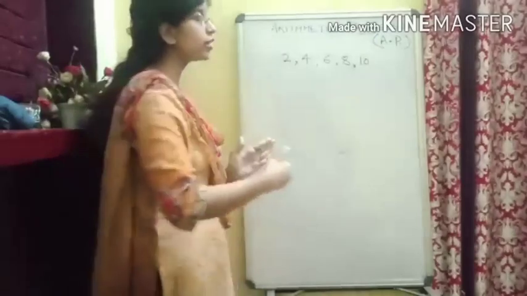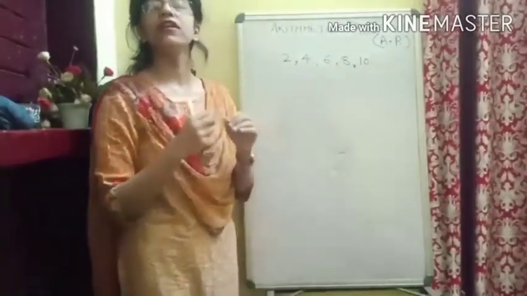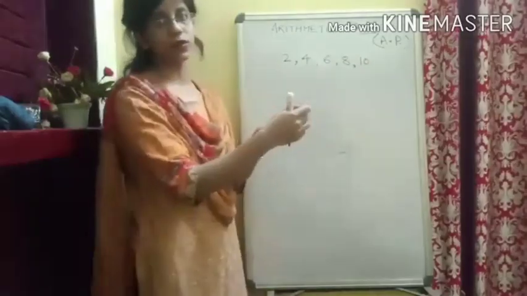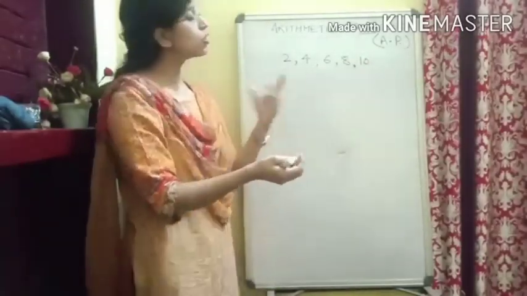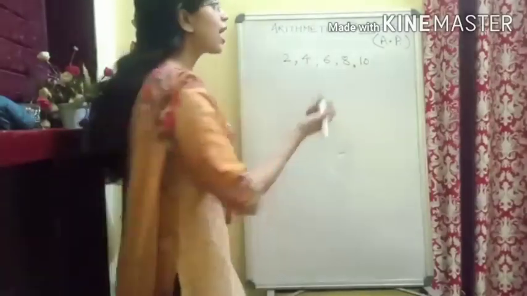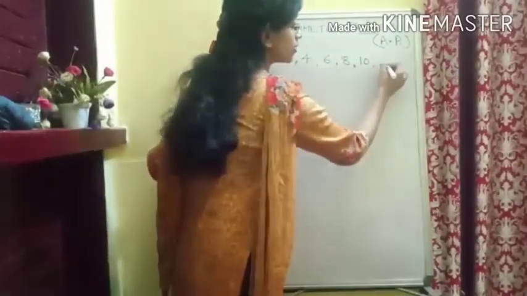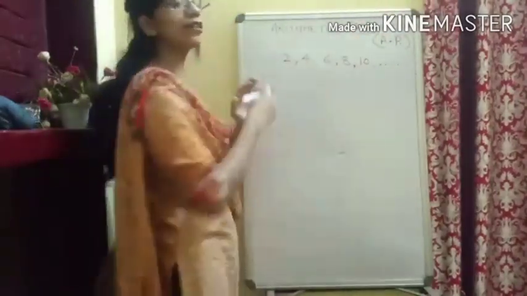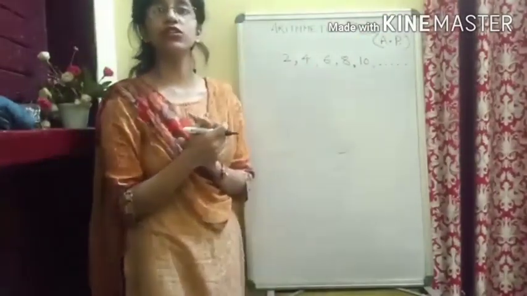Whenever in a sequence or progression we can count the numbers, it is a finite sequence. We know the numbers, so this sequence will be known as a finite sequence. And if I write it with up to infinity or dot dot dot, we don't know where this progression is going to end.